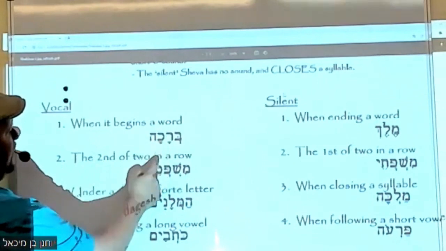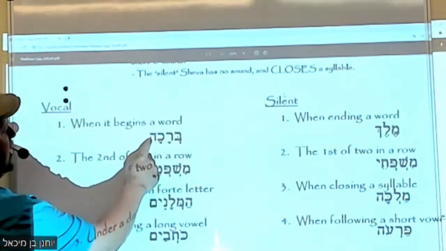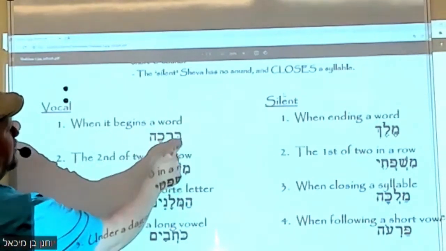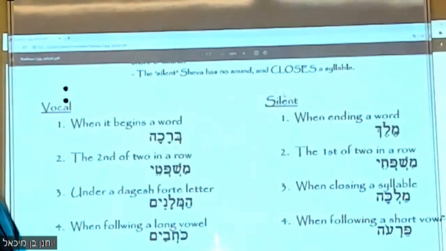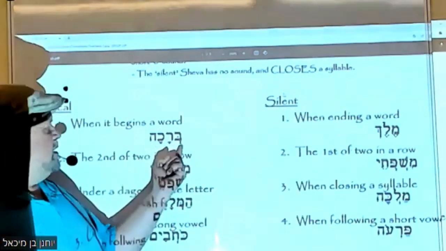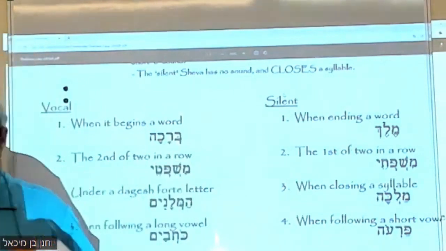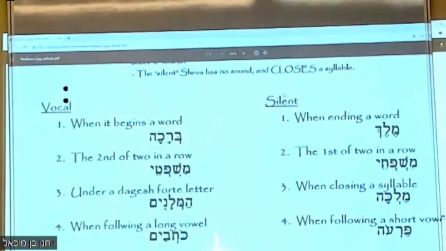Then we have chaf, pointed kamatz, hey, cha. So beracha, which means what? All right, a blessing. Beracha comes from the word baruch. So this is a vocal shva because we're beginning a word with it.